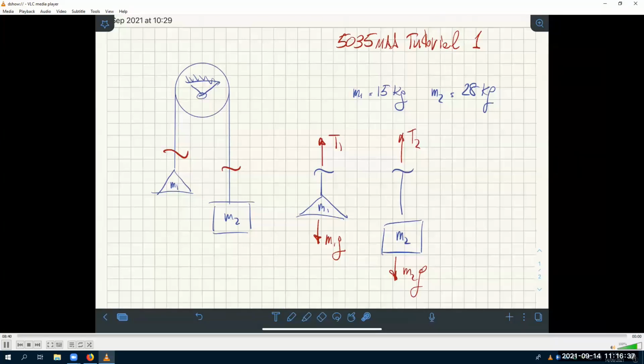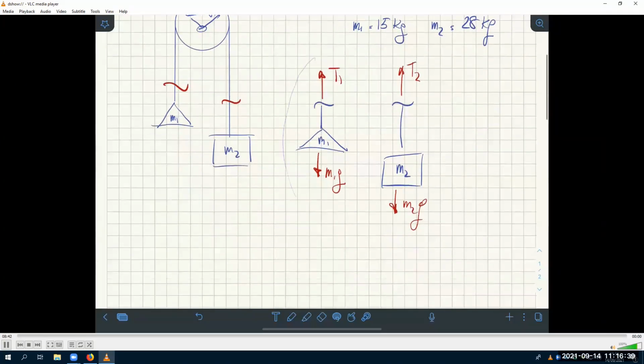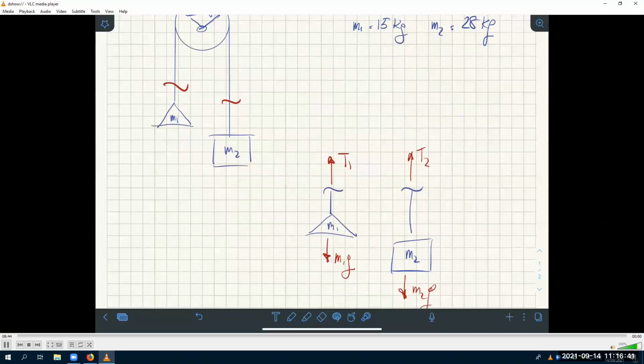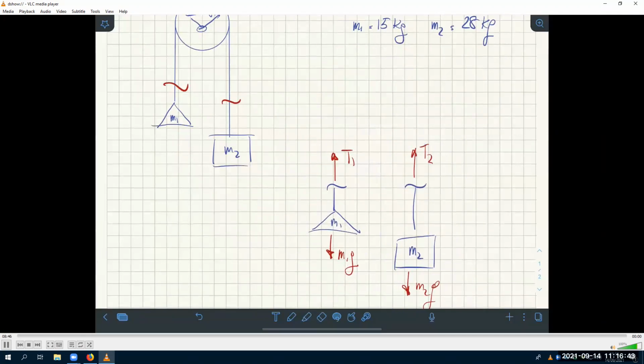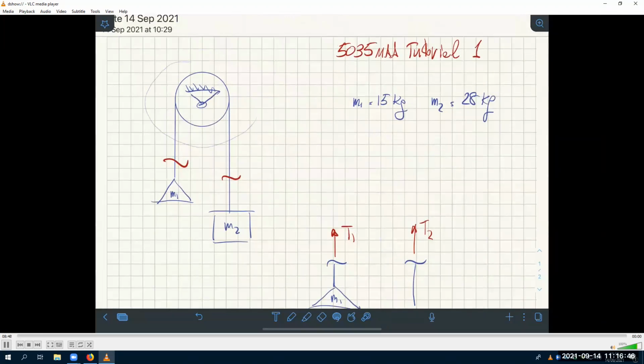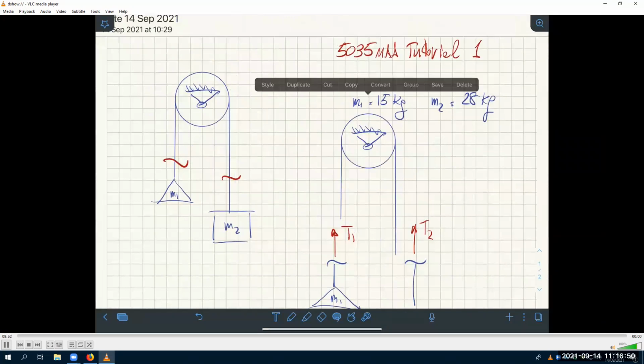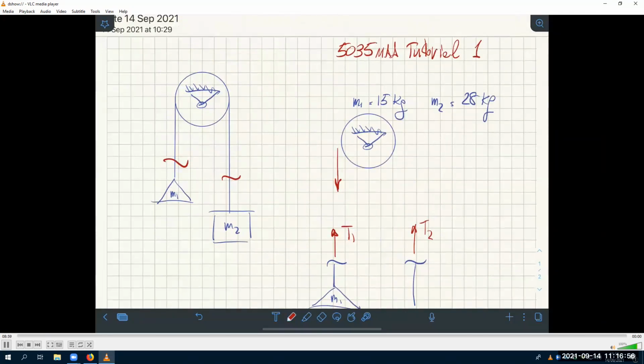Okay, how do you go about that? Well, if I pull this down and I do the free body diagram of the pulley, on this side I have T1.